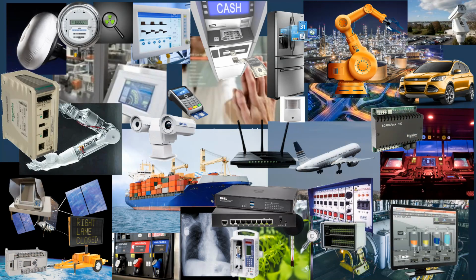Anywhere from inside of factories that are delivering power to our homes, on ships, on airplanes, the robots that are building the cars that we drive, the robots that are packaging and shipping the packages that we all order on a daily basis online, voting machines, traffic signs, right? Not just traffic lights, but actually the warning signs that we're used to.